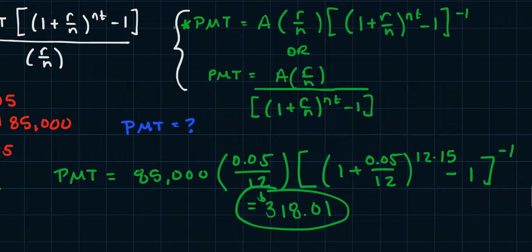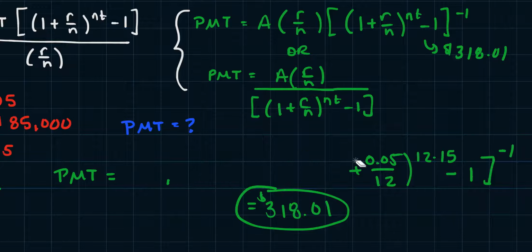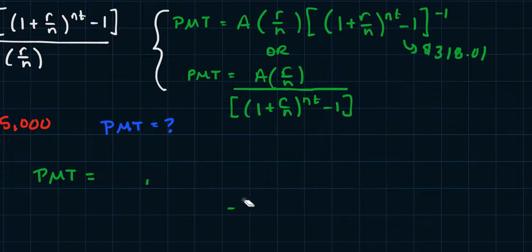Okay, let's try it the other way. So I'm going to erase this. Now I'm going to write it over here. Using this formula, we got 318.01. Let's see if we get it with the other formula. Okay, now we're using this one.